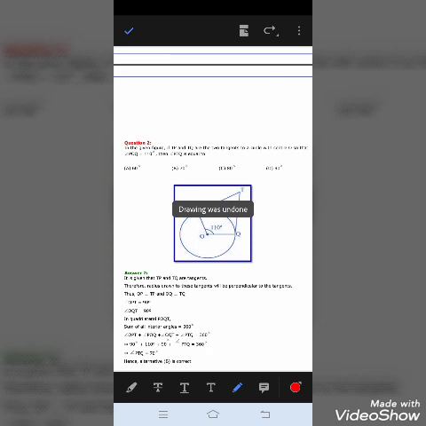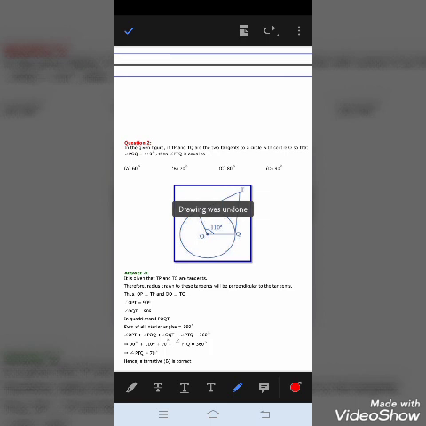Now POQT is a quadrilateral, which you can see very well. The sum of all the interior angles is 360 degree.